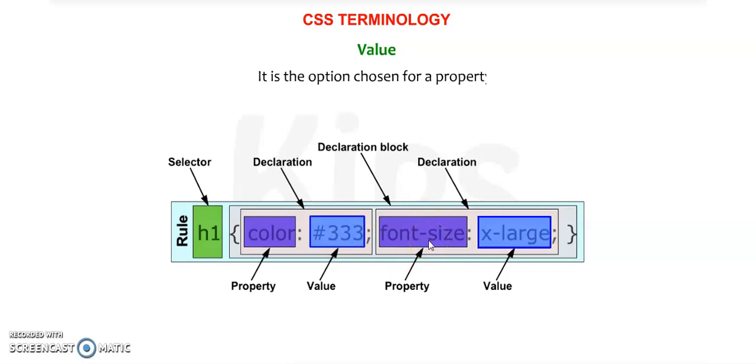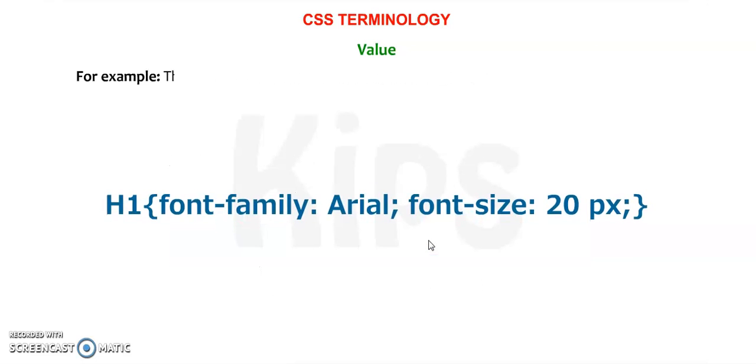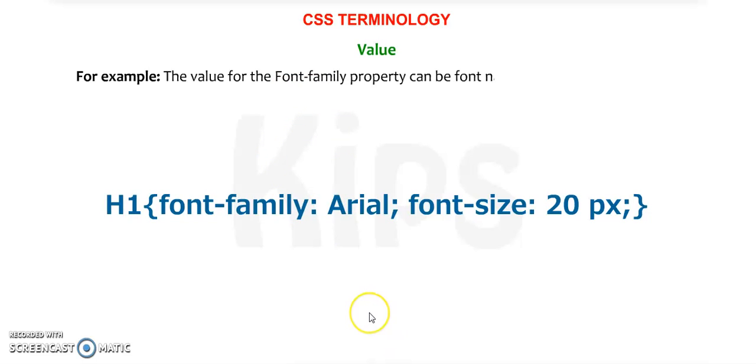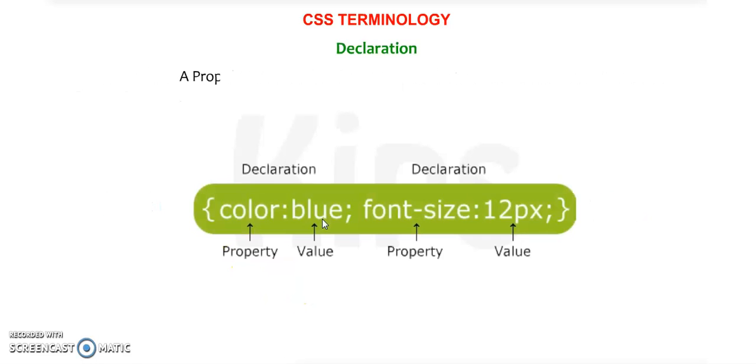It is the option chosen for a property. I will explain the value with an example. The value for the font-family property can be a font name like Monotype, Cursive, Times, Arial, any you can write. A property and its value collectively are known as a declaration.